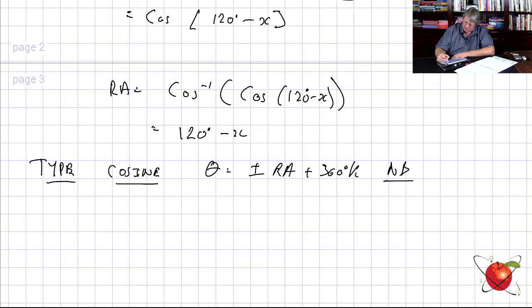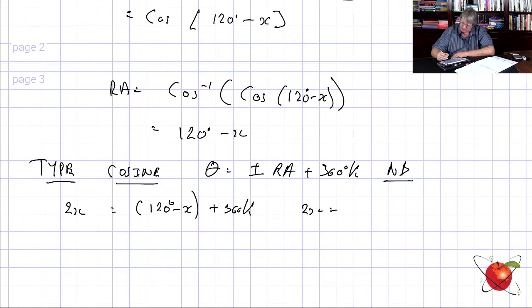This I remembered, correct? Therefore, 120 minus x must be equal to, oops, sorry, my bad there. I'm a bit ahead of myself, okay? 2x must be equal to that. 2x must be equal to, here's my RA, 120 minus x, plus 360k.